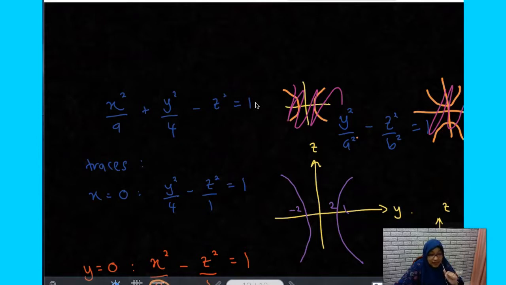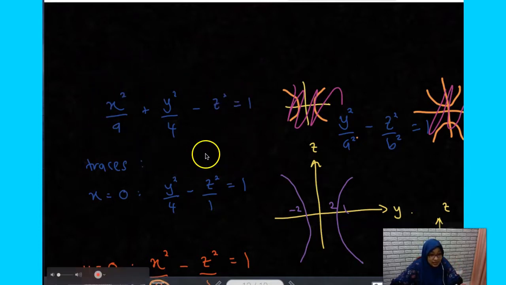I remind you that you have to look at the original expression provided, not after you modify. In this case, we look at the z. The z here, you have a square. So if we put z equal to 1, I mean positive, or z can be negative, the function here is still valid, right?